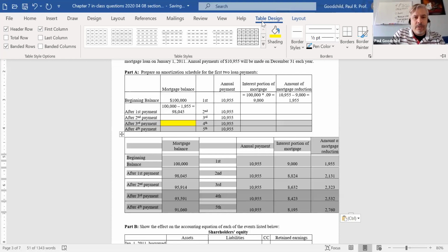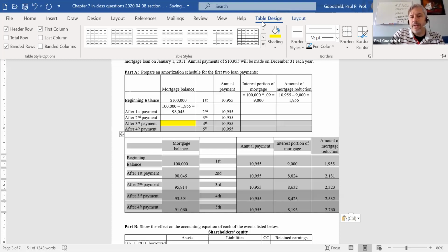They don't show the actual purchase if there was a purchase here, but just talking about what you get and your liability. Then your first loan payment made would be $10,955 reducing cash. It would reduce the mortgage by $1,955, and $9,000 would go to interest expense.